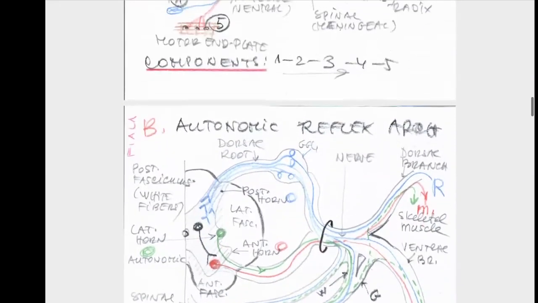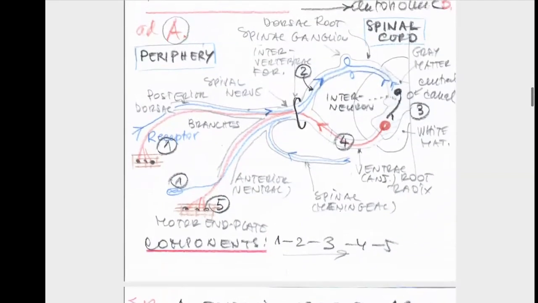We start now from number 1, from the receptor in periphery. We are following the blue line in the dorsal branch. We follow the arrows. The blue line goes through the intervertebral foramen, is the black curved line.